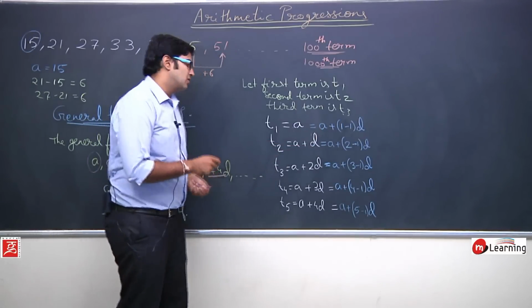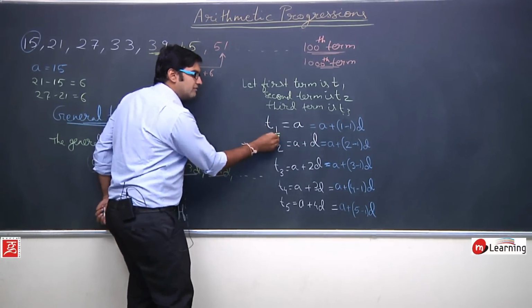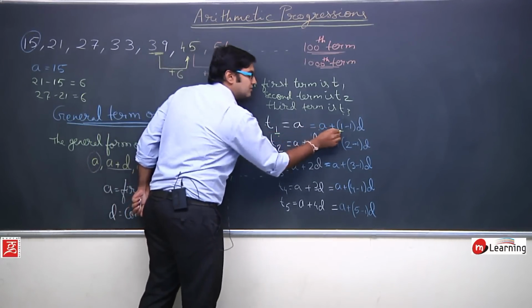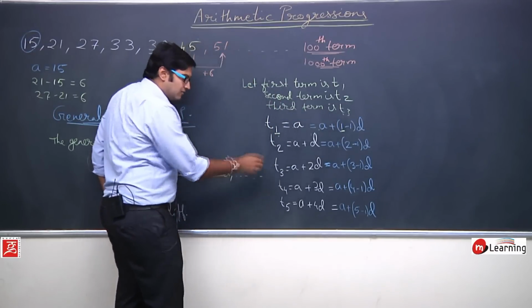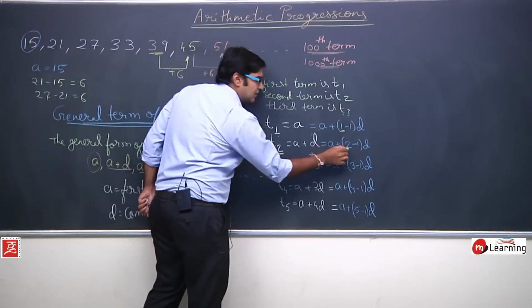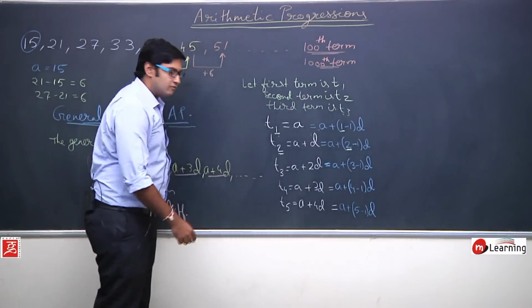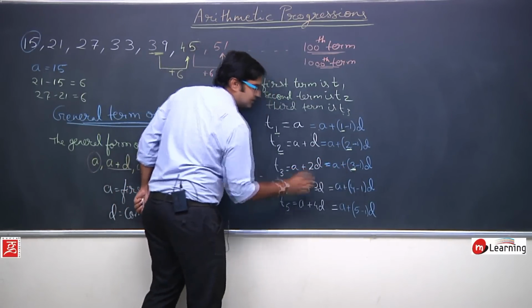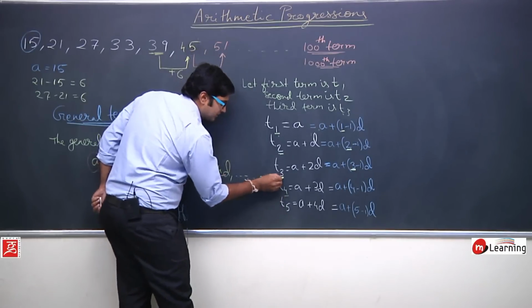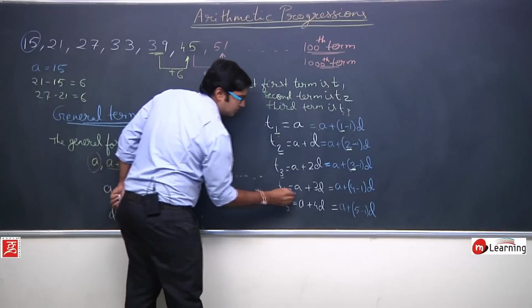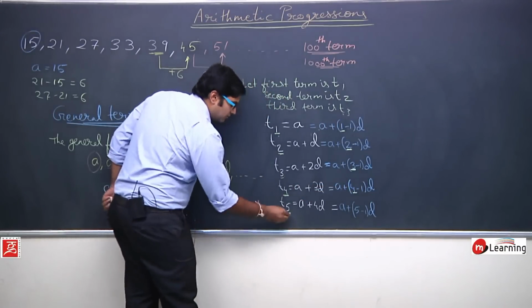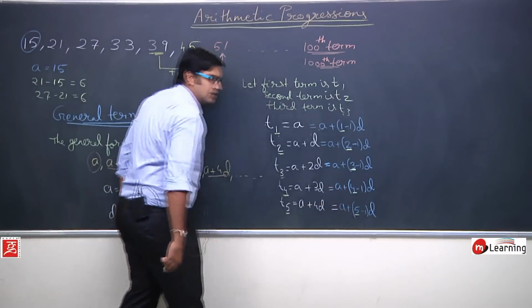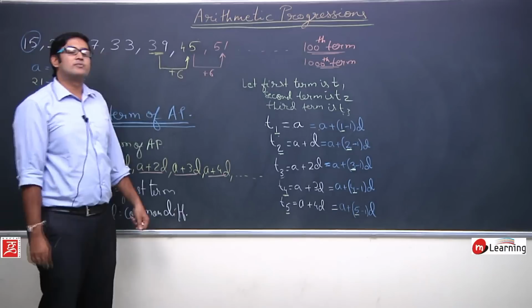Now try to observe the relation between these values. For the first term T1 I have written a plus (1 minus 1) d. For the second term, a plus (2 minus 1) d. For the third term, a plus (3 minus 1) d. For the fourth term, 4 minus 1 d. For the fifth term, 5 minus 1 d. So what can you observe?